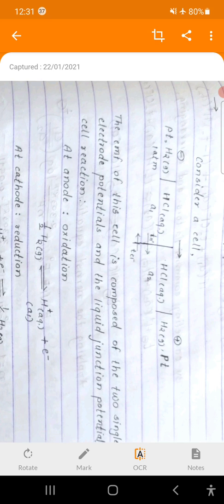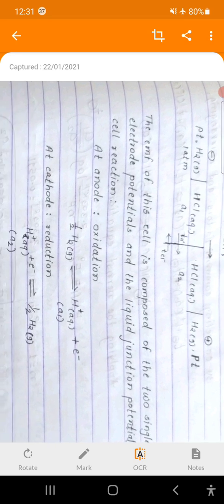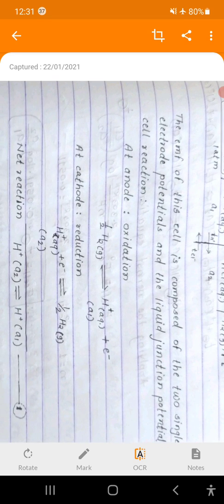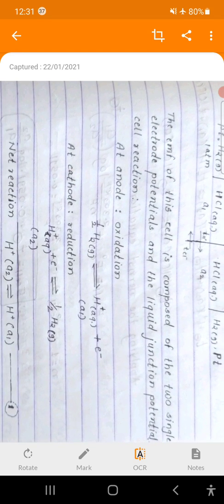Then cell reactions. At the anode, oxidation takes place, shown here as half H2 gas converted to H plus plus 1 electron.